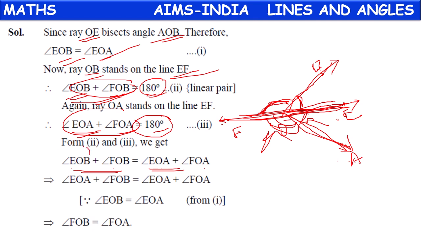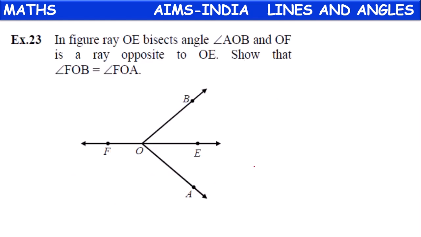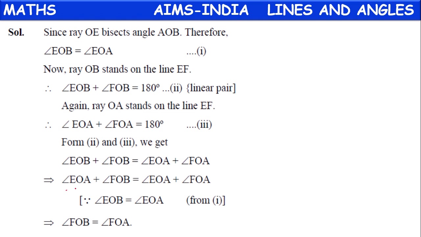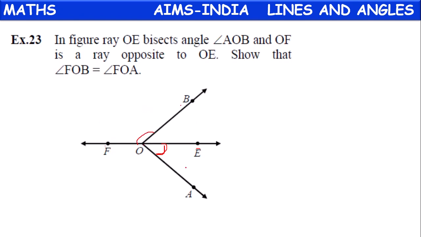In the place of EOB we can write EOA. So EOA plus FOB equals EOA plus FOA. This part is equal, this part is equal.